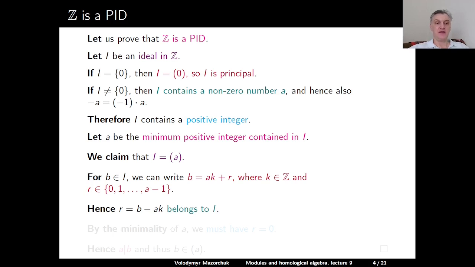Since B is in the ideal and A is in the ideal, this element belongs to I. But we assume that A is a minimal positive element which belongs to I, so R must be equal to 0. In other words, B is divisible by A. And this means that B belongs to the principal ideal generated by A.